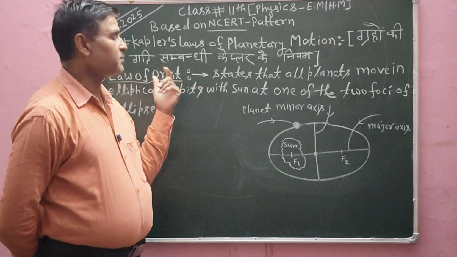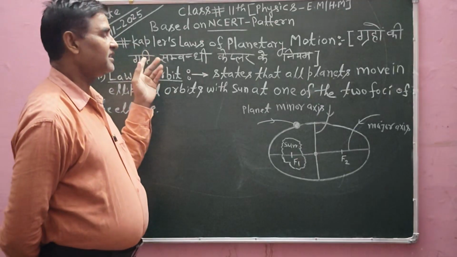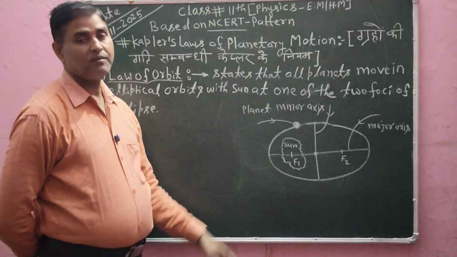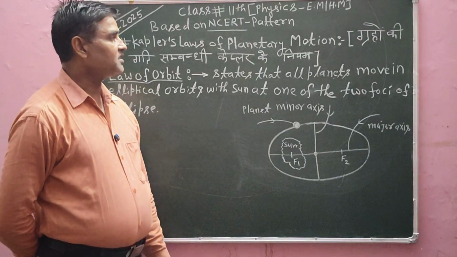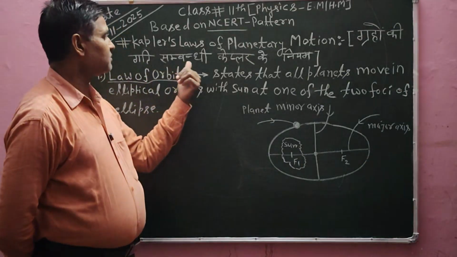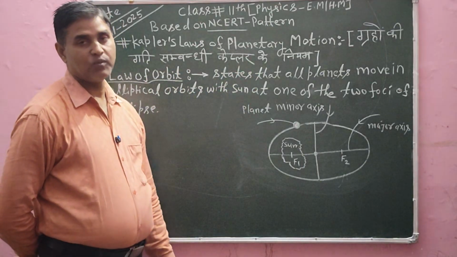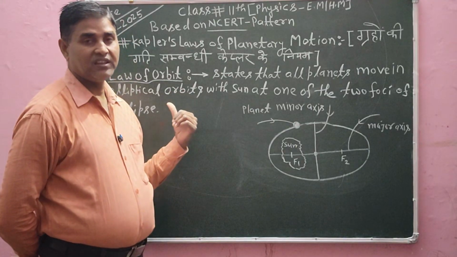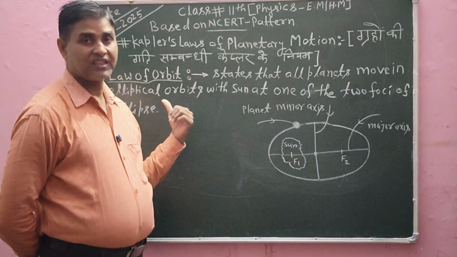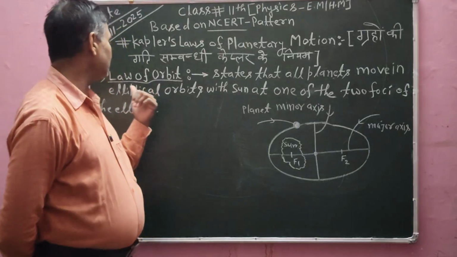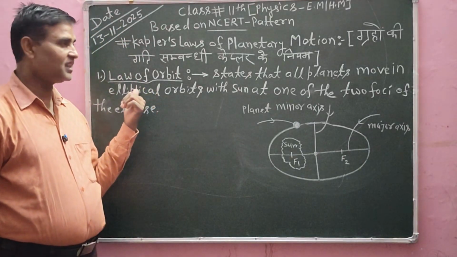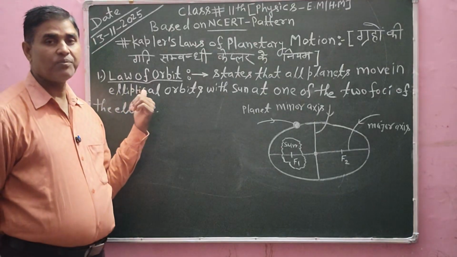Topic name I have already discussed with you, that is Kepler's law of planetary motion, ग्रहों की गति संबंधित केपलर के नियम. Kepler gave three laws. First is the law of orbit, second is the law of area, and third is the law of period.